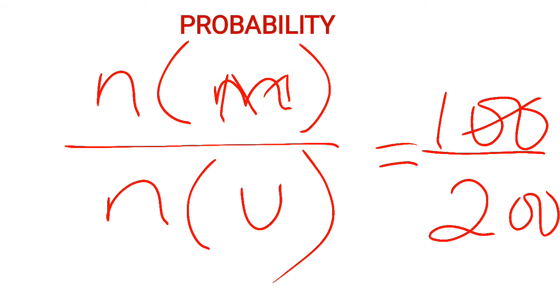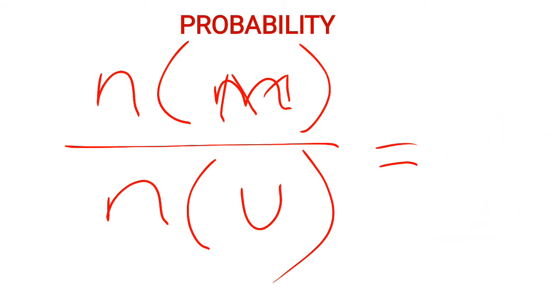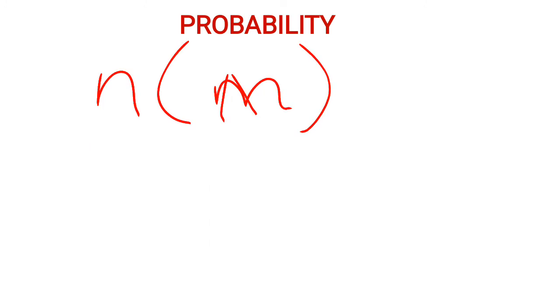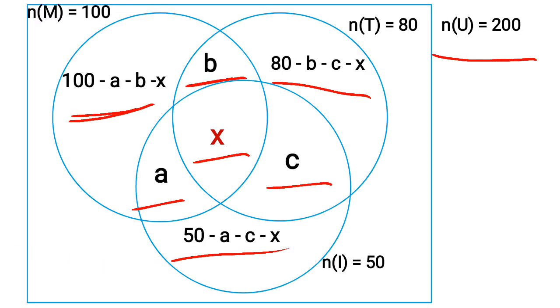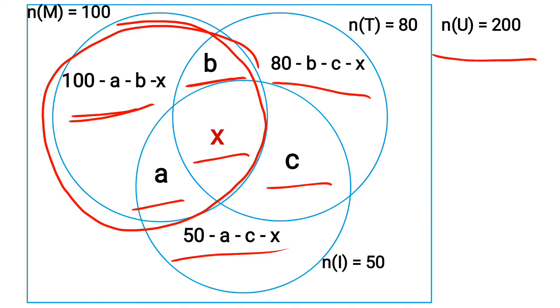Okay, to make this simple, let me go back to our Venn diagram, the complete Venn diagram. All right, so we have it here. If a student is selected from those who complained of malaria, listen to this very well.